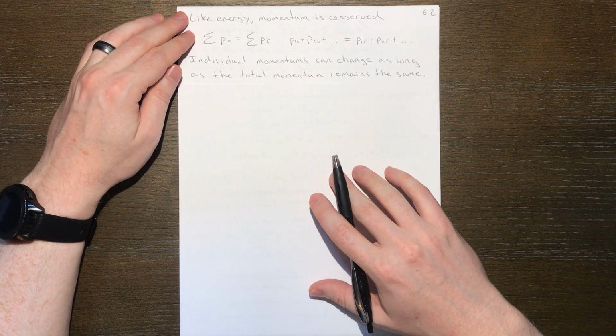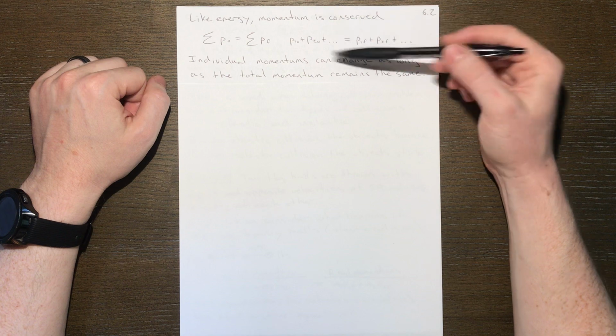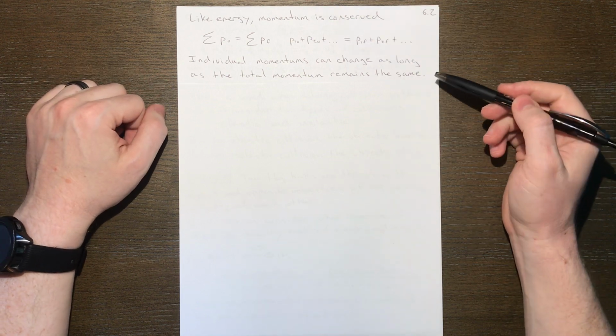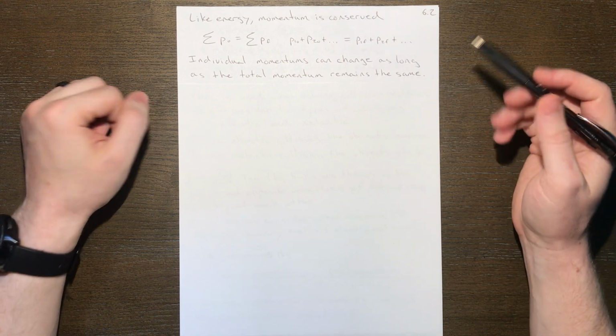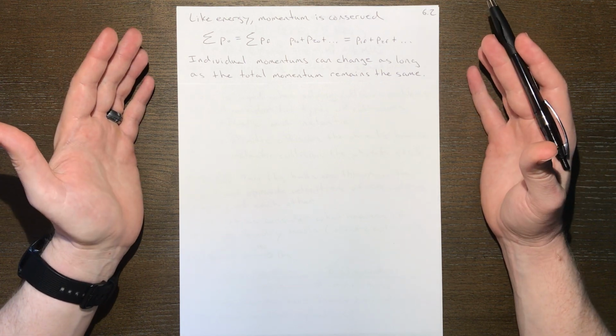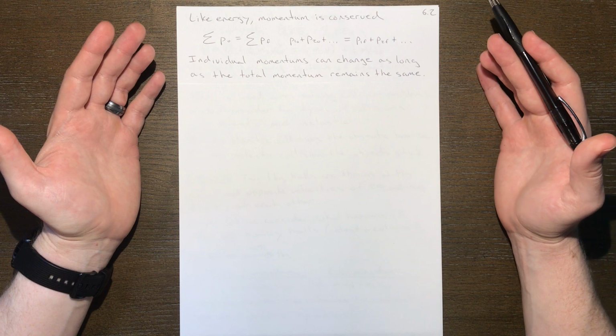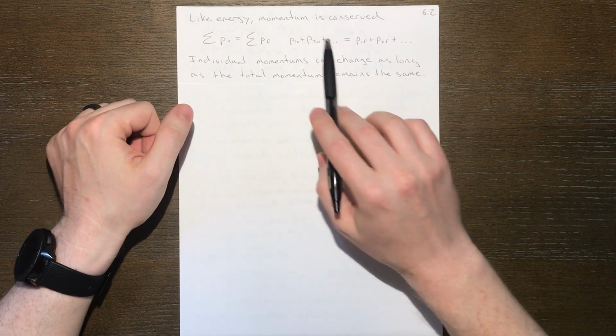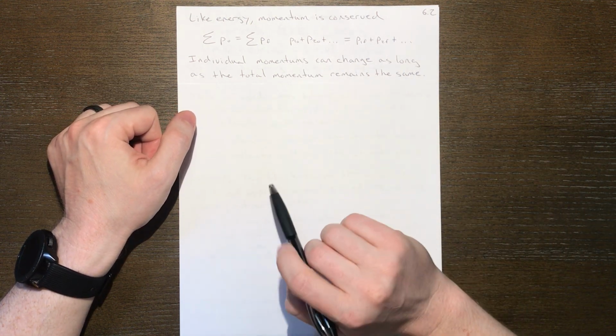And the important thing to realize when looking at this equation is that those individual momentums can change as long as the total momentum remains the same. If the total momentum remains the same, you have conservation of momentum. That means that, object 1 can bump into object 2.